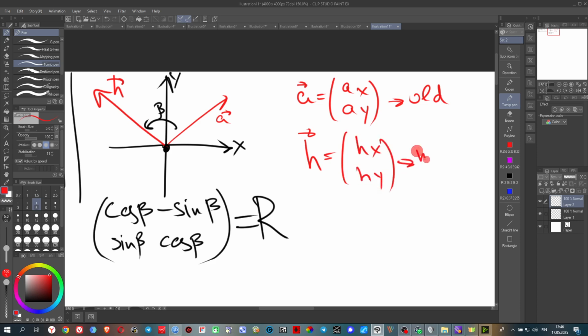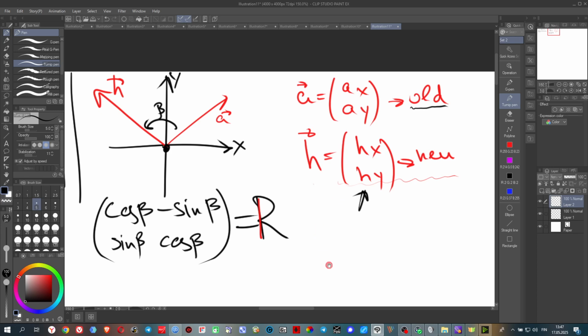The main idea is that matrix R allows us to get the coordinates of the new vector after rotation from the old coordinates. So in order to get the new coordinates, we need to just take the old coordinates and multiply them by this matrix. And this is it.